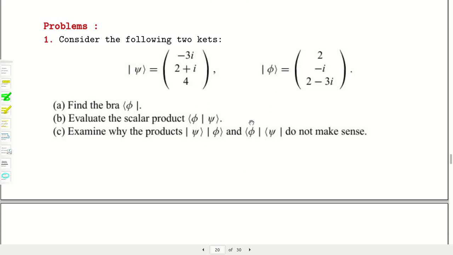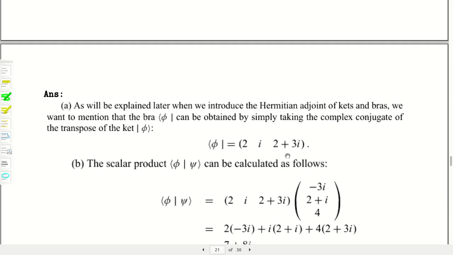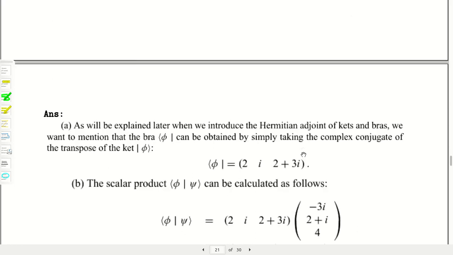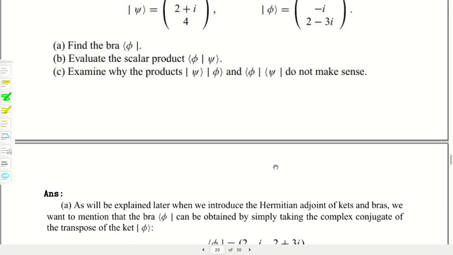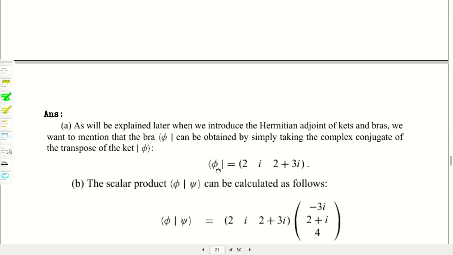Ket phi is given, so just complex conjugate each term and write it as a row, and it will give you a bra. See, it is written here 2i, here it is minus i so plus i, and 2 plus 3i will be the complex conjugate of the third term. And now just revert the thing, that is, the column should be written as a row. The result will follow. This is bra phi.